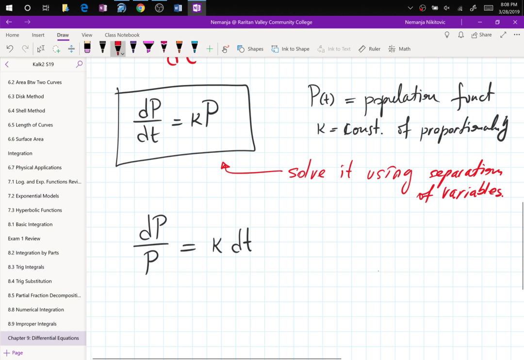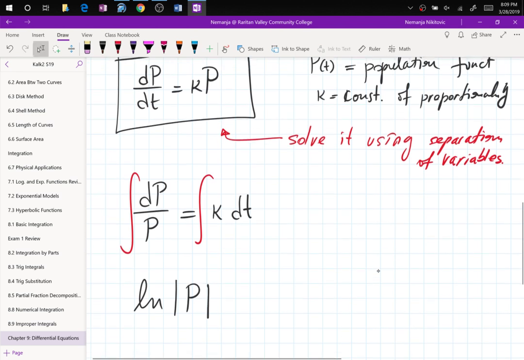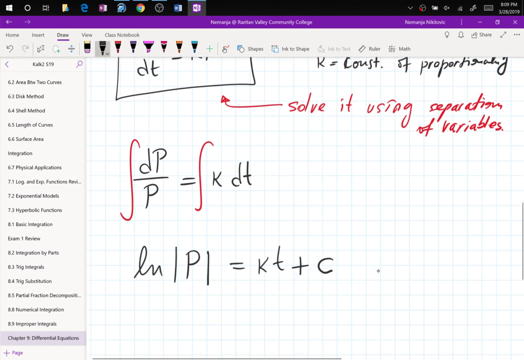So just stick your integration squiggle, and we are ready to integrate. What is the integral on the left-hand side? You better know it. Thank you. ln absolute P. Great. How about the integral on the right-hand side? kt plus C, thank you.